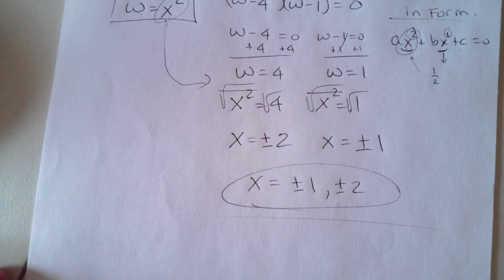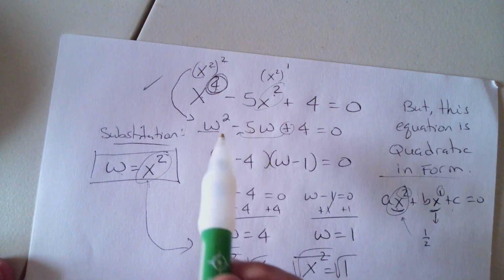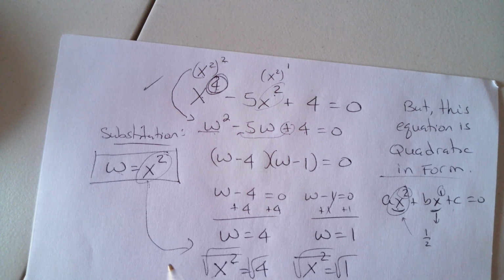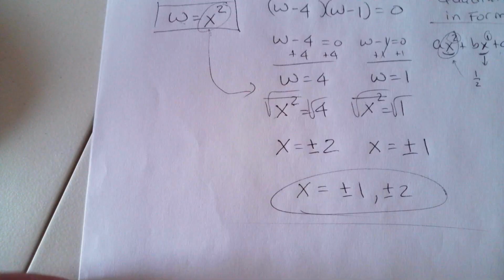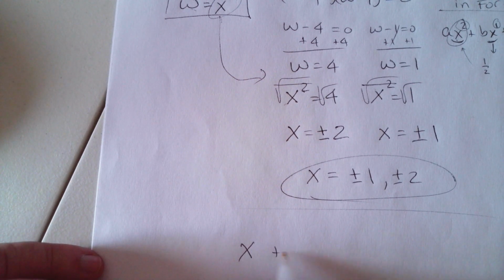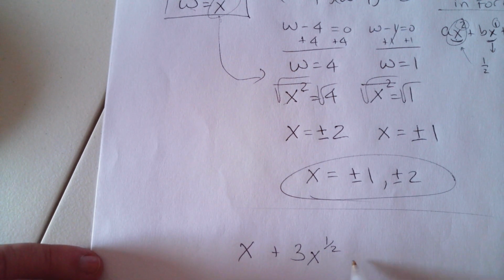So in this method, what we do is, no matter what we start off with, make it so it looks like something we're used to. For example, if I had x plus 3 x to the 1/2 plus 2.